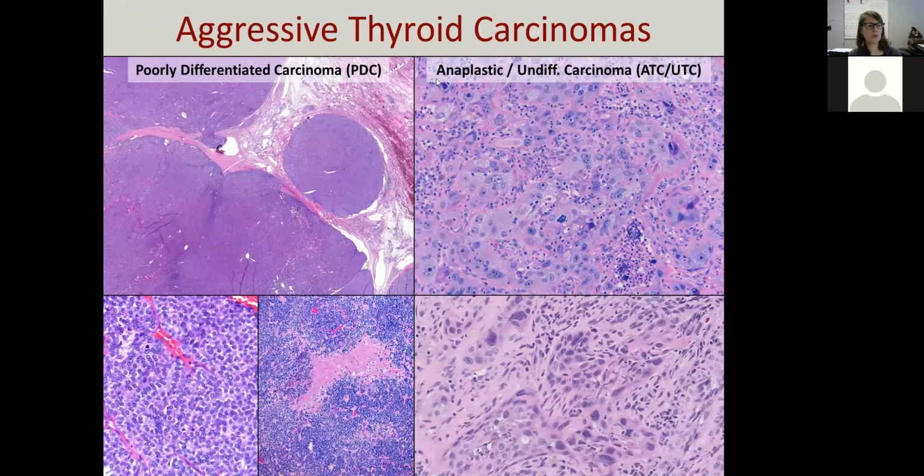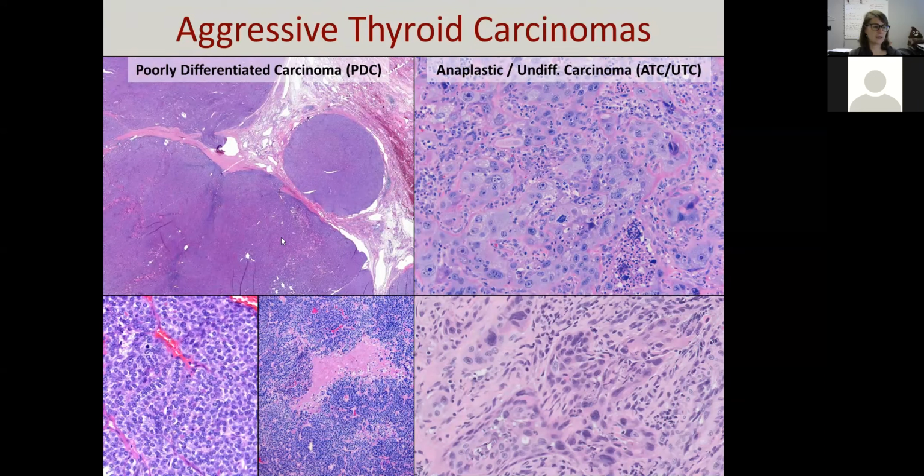So just to review, the aggressive thyroid carcinomas are considered poorly differentiated. The former name for poorly differentiated used to be insular carcinoma, so you might read this in the literature. And anaplastic or undifferentiated. Anaplastic or undifferentiated no longer resembles thyroid.